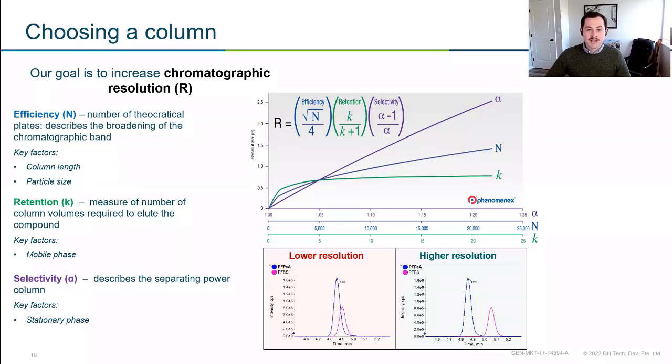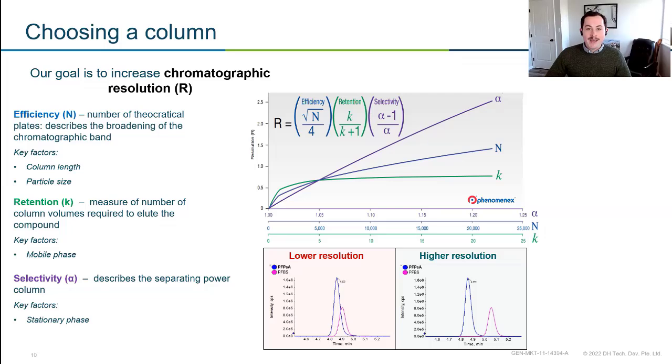The same with particle size. So the way I like to think about particle size is with a larger particle size, we'll have sort of wider peaks. And with a tighter particle size, we're sort of sharpening up those peaks. So we're increasing that area, or we're increasing that height of the peak, essentially increasing the sensitivity, which again, great.